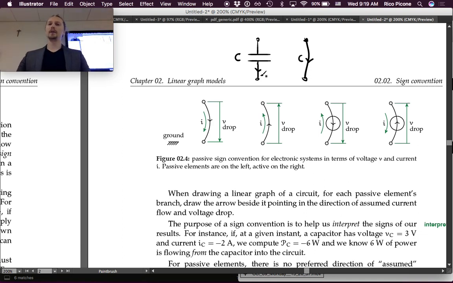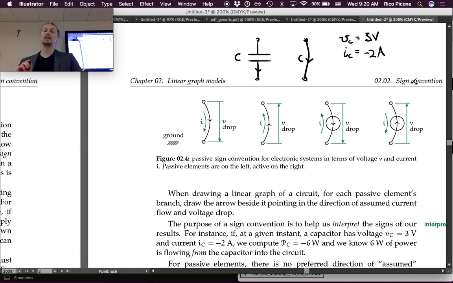compute the voltage and current across this capacitor to be, in this example, 3 volts, and the current was negative 2 amps.